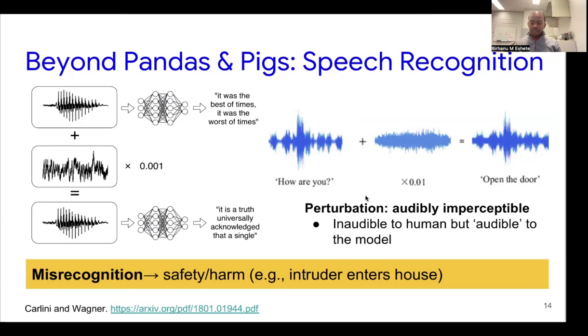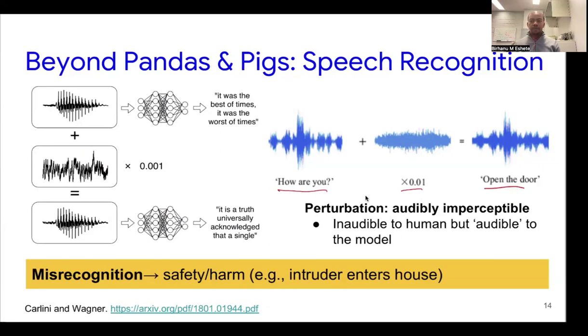So as you can see, this has implications. For example, the voice, how are you, is perturbed in an inaudible manner to a human being, but audible to the device, and then that translates to this audio adversarial example, open the door.